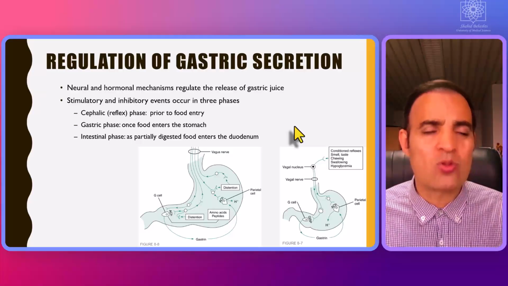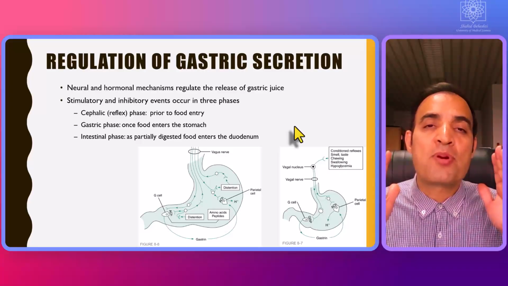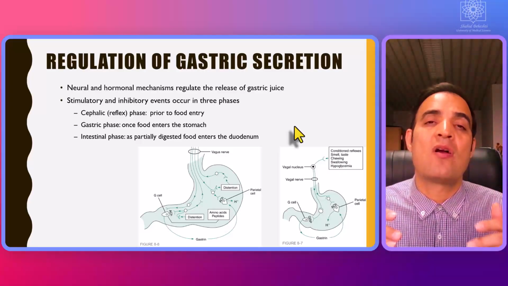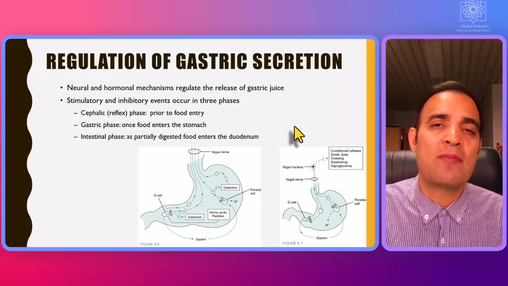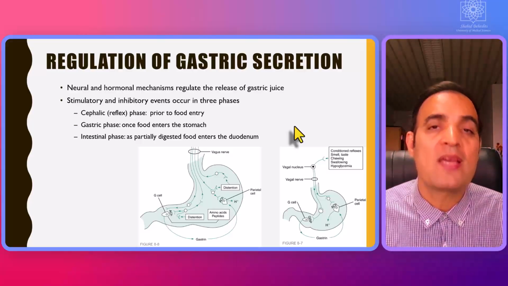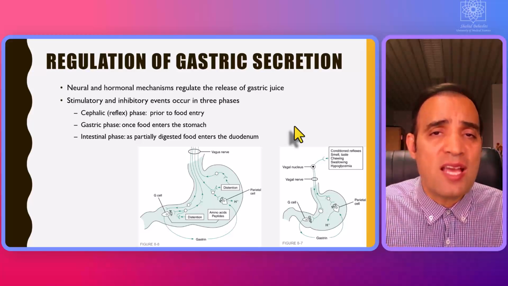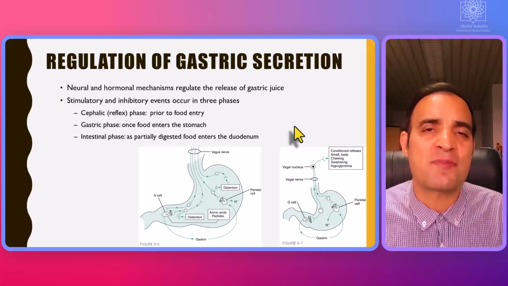You remember I told you that in a feed-forward mechanism, the brain expects and predicts that in the coming minutes, the coming seconds, food will come into the stomach. Therefore, even before the entry of the food, the secretion will be stimulated. This is a reflex mechanism.